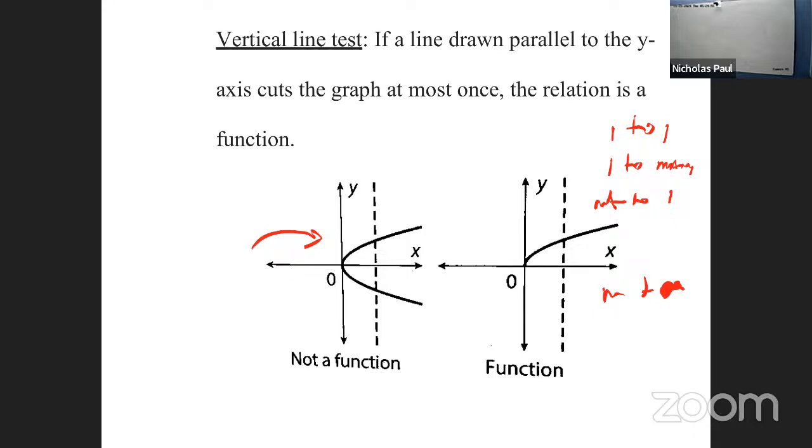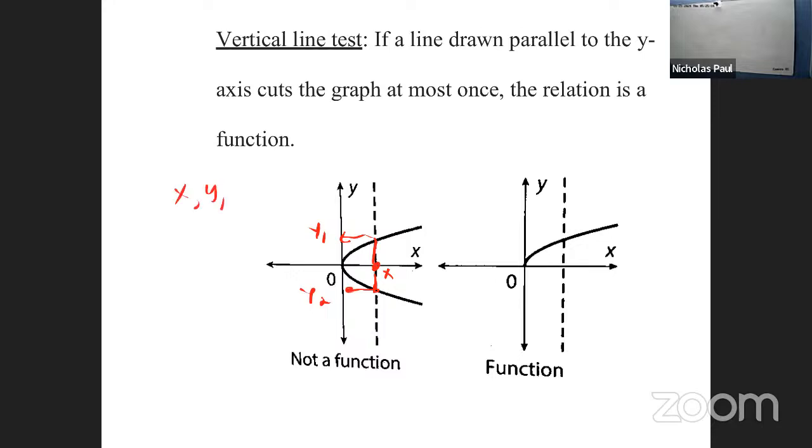All right. So let's see what we have here. Let's take this one x value here. That one x value has a y value here and a y value here. So that x value has a mapping to y1 and it has a mapping to y2. So one x value going to y1 and to y2.